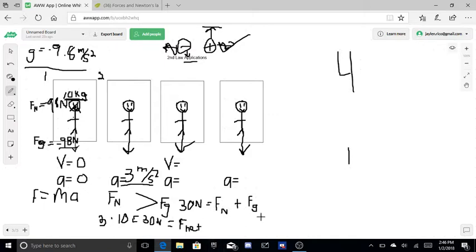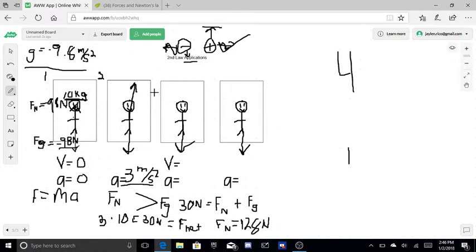Doing some mental math just to save space, the normal force at stage 2 is equal to 128 newtons. Let me draw that better. 128 newtons. And now we have our normal force for stage 2.